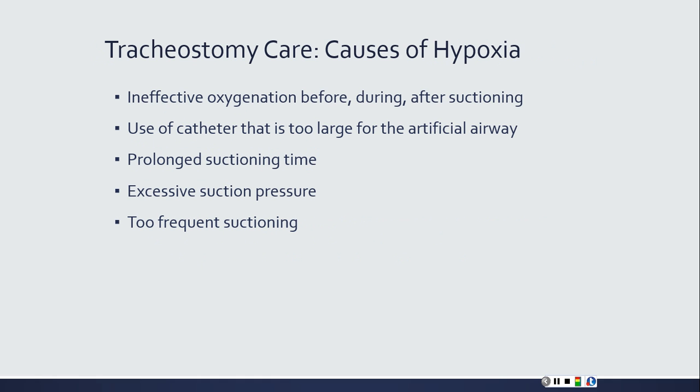Now, some of the causes of hypoxia we talked about: ineffective oxygenation before, during, or after; use of a catheter that's too large for the artificial airway; prolonged suctioning time; excessive suctioning pressure; and too frequent suctioning. Again, you don't want to suction 5-6 times in a row.